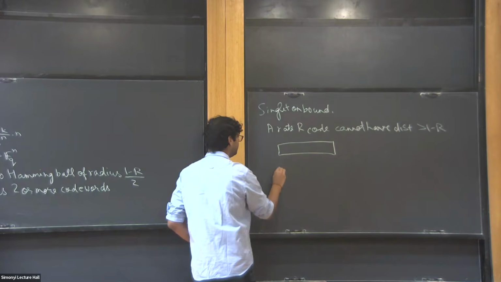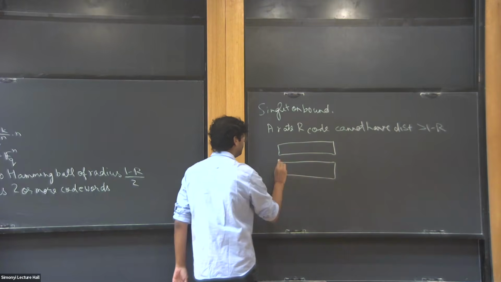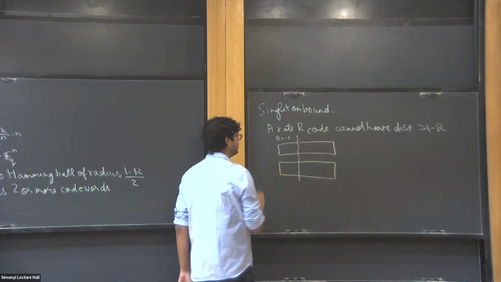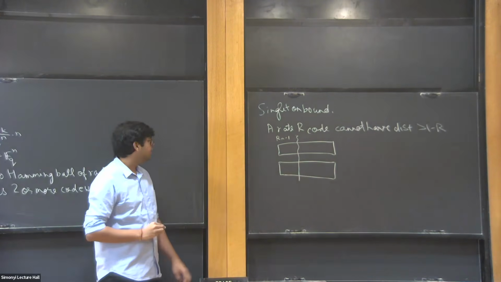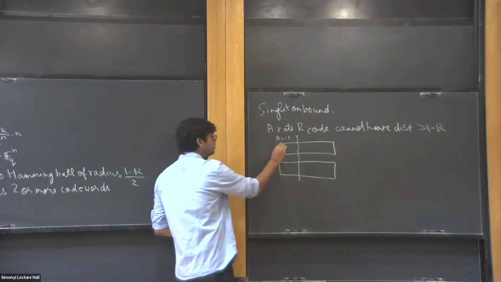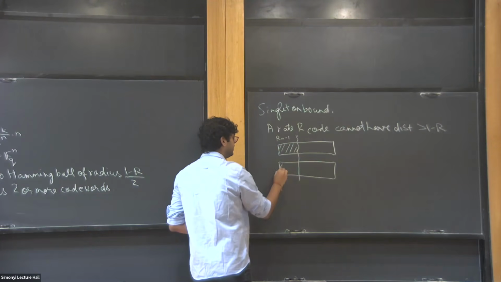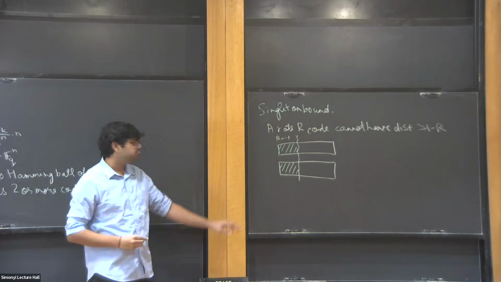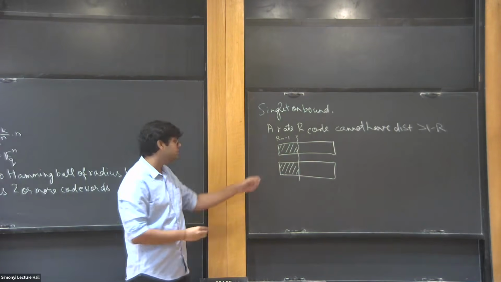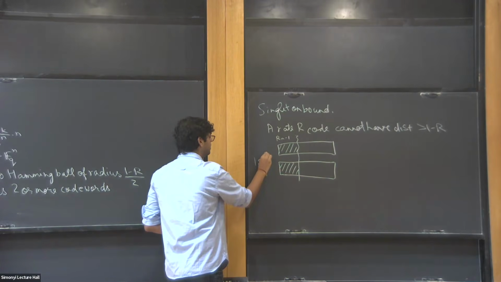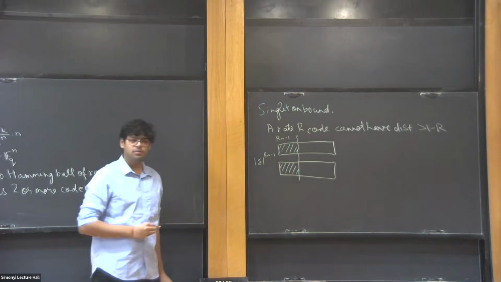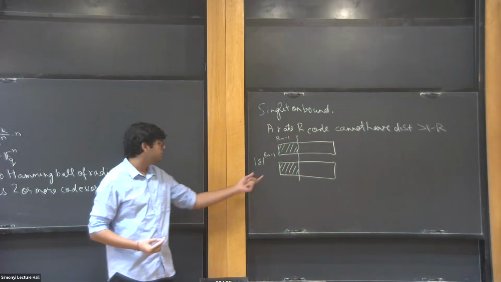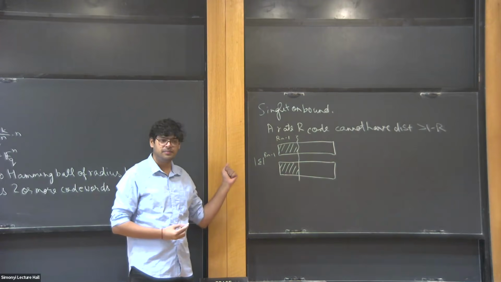And the idea is simple. Let's pick out some rn minus 1 coordinates out of n. By the pigeonhole principle, there will be two code words that have the exact same value here. Because if I fix the values here, there are only sigma to the rn minus 1 possible assignments to the first rn minus 1 coordinates. There are more code words than that, so there must be some two that clash here.